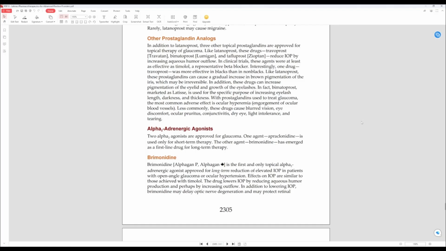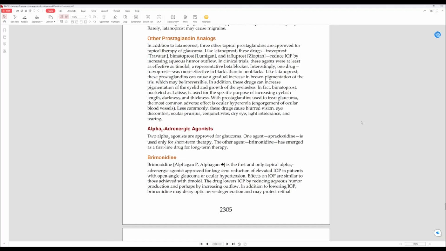Similar to latanoprost, these prostaglandins can cause the gradual increase in brown pigmentation of the iris, which again may be irreversible. In addition, these drugs can increase the pigmentation of the eyelid and the growth of the eyelashes. In fact, bimatoprost, marketed as Latisse, is used for the specific purpose of increasing eyelash length, darkness, and thickness.